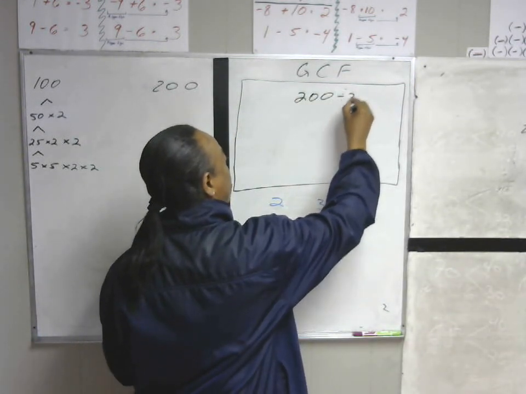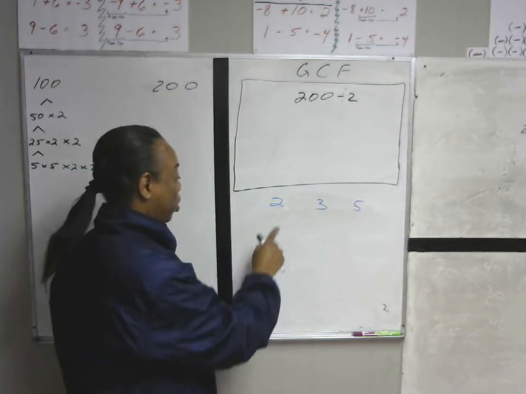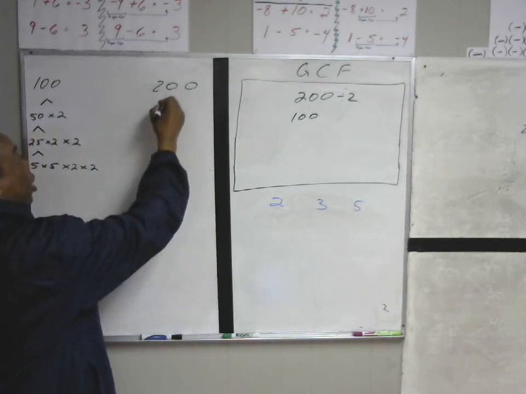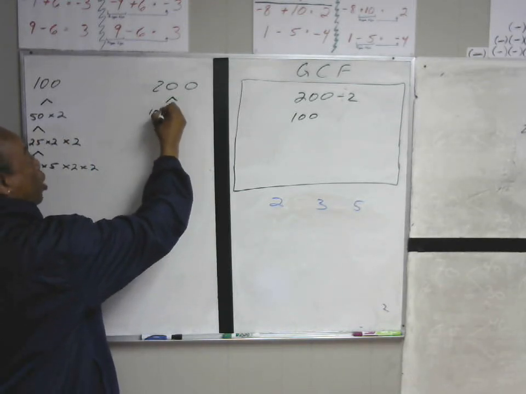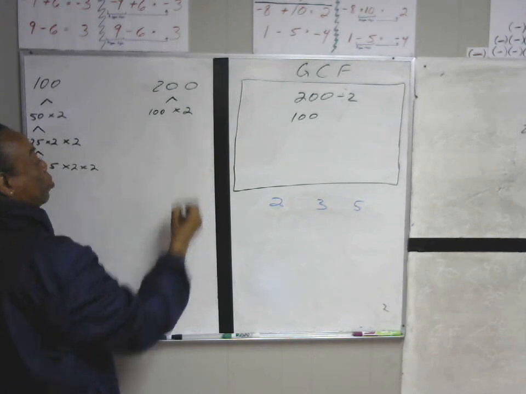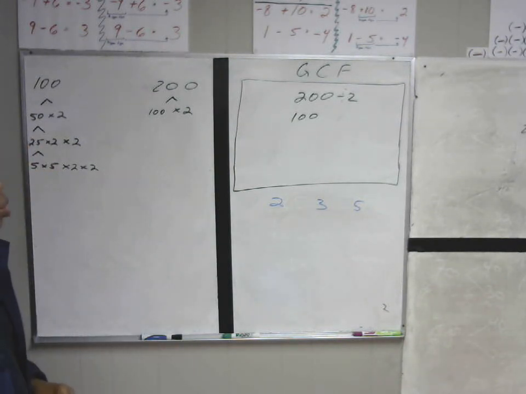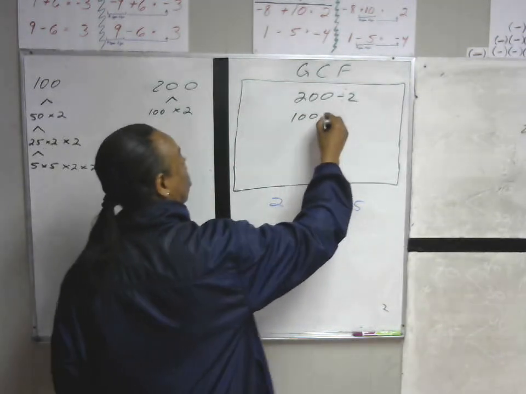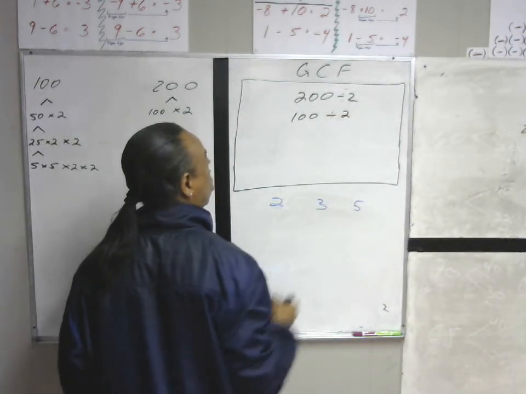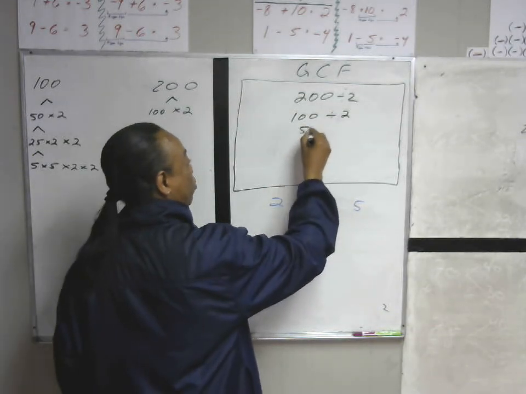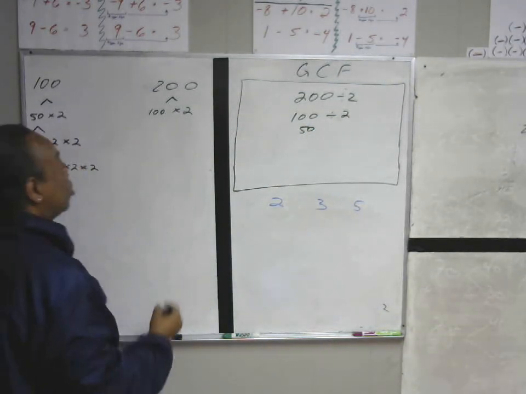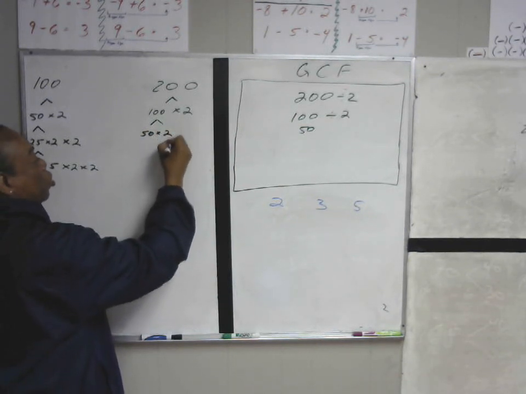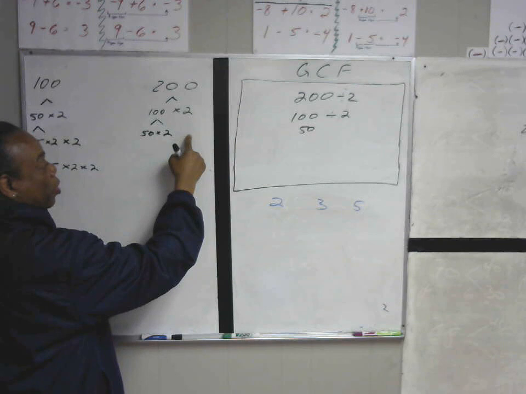200 can be divided by 2 and becomes 100. So our 200 breaks into 100 times 2. Next, we'll continue to divide by 2. 100 divided by 2 gives us 50. So this 100 becomes 50 times 2, and then we bring down this 2 here.